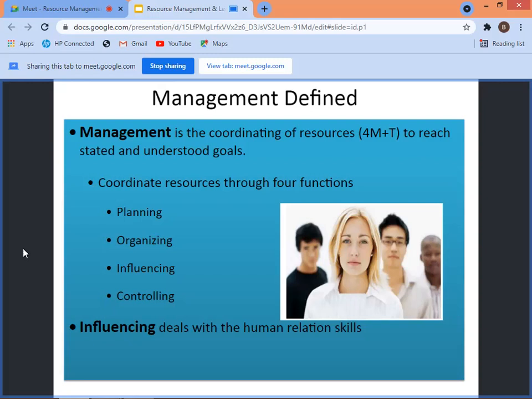Then organizing. We need to organize the work, how the work is going to be done in terms of the workflow process, the step-by-step process, the procedures, standard operating procedures, the methodology of the work. You need to organize the people. You need to do job analysis.